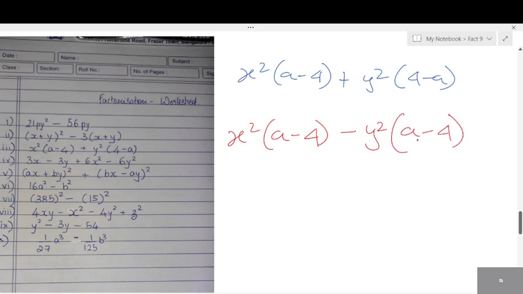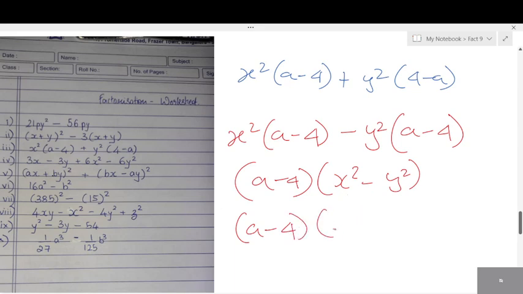You put it like this: a minus 4. The bracket will remain the same. Next, a minus 4 is common. In the bracket, you get x square minus y square, which is a square minus b square, so x plus y into x minus y. This is how you solve.